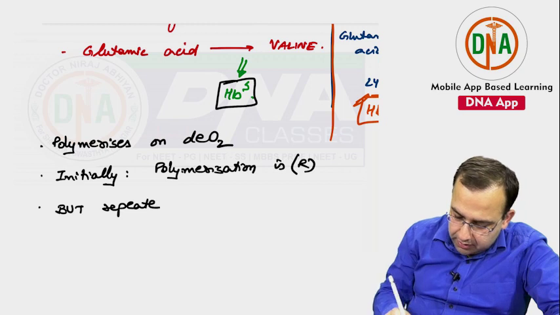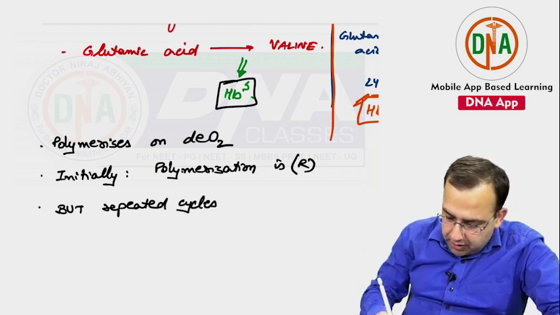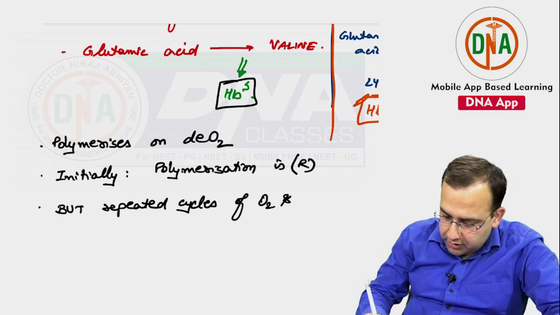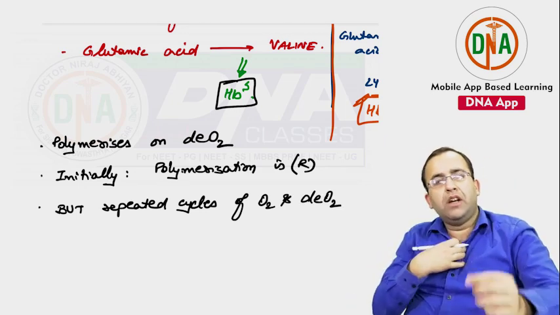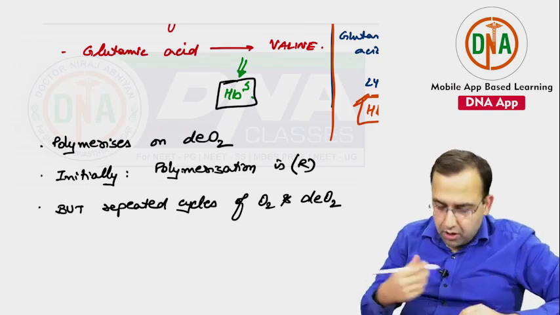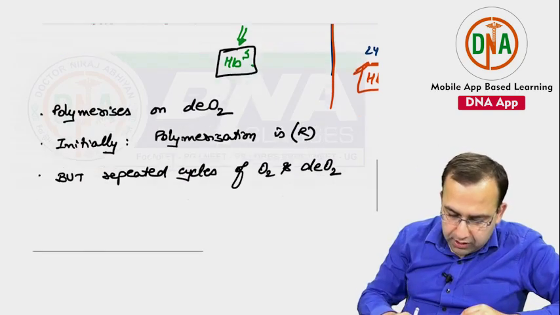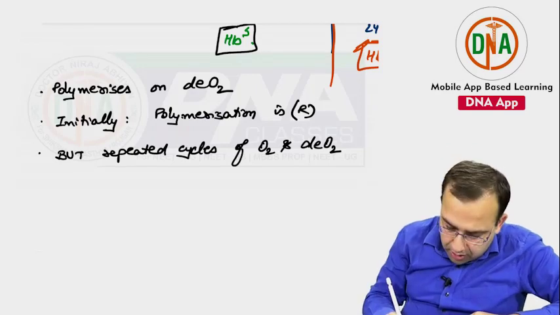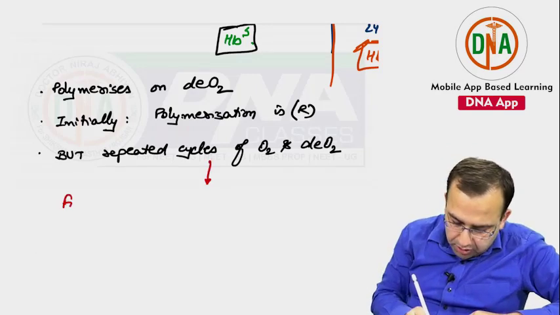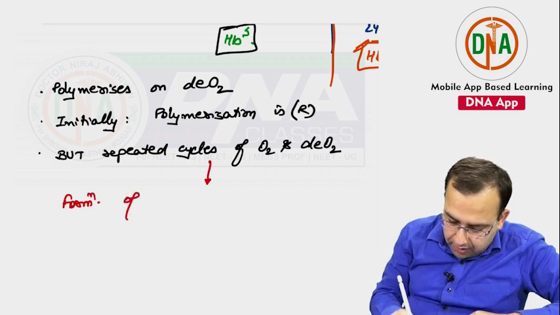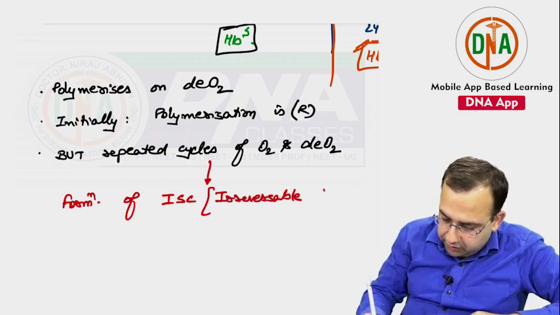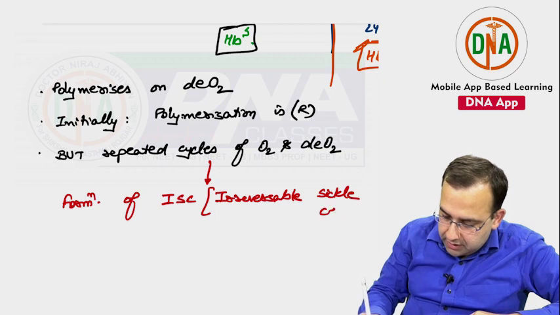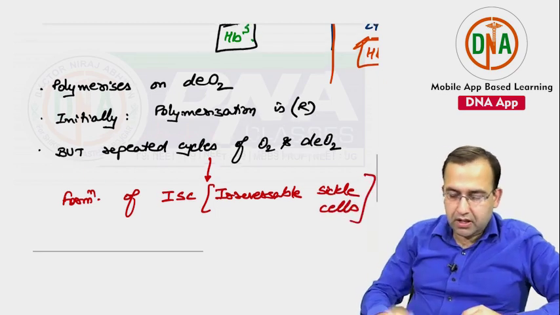But repeated cycles of oxygenation and deoxygenation, RBC is getting oxygenated in lungs, deoxygenated in peripheral tissue, lead to the formation of irreversible sickle cells, that is ISCs.